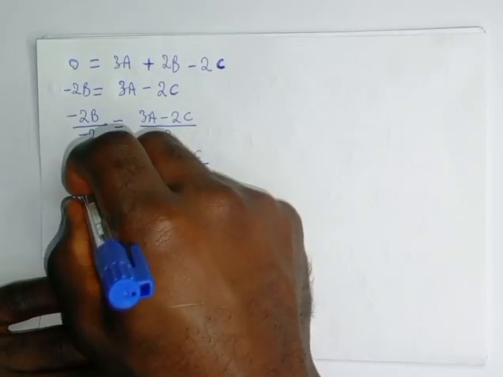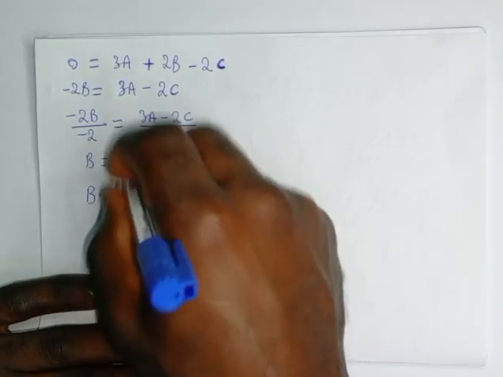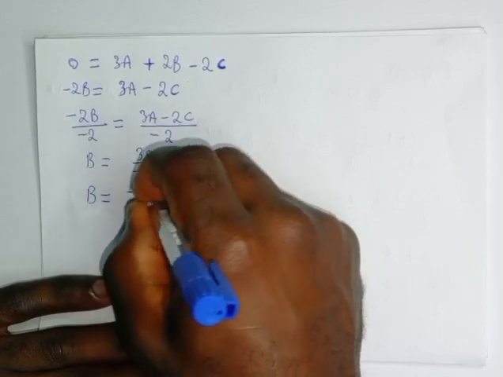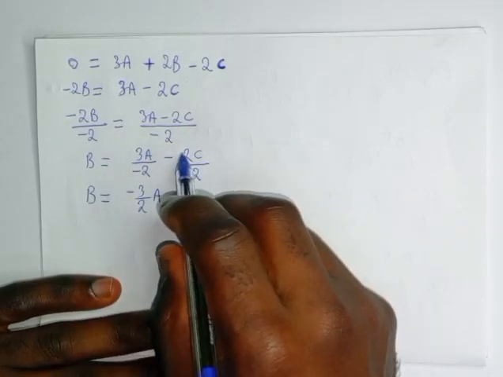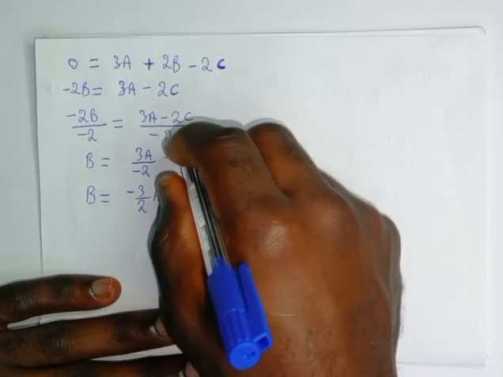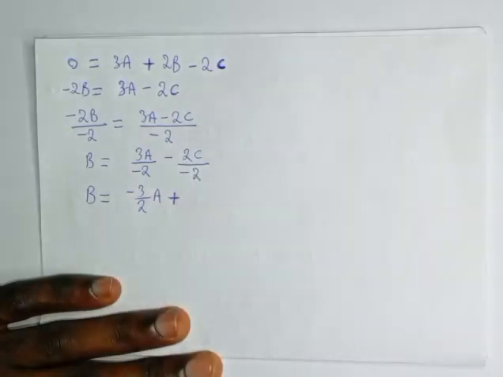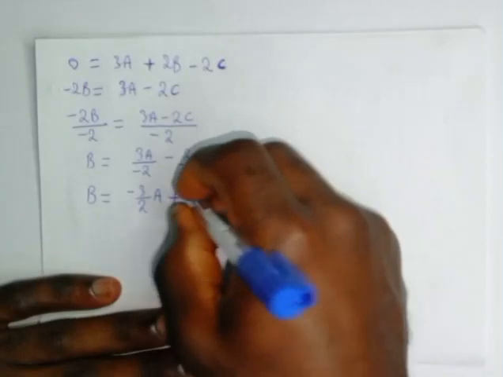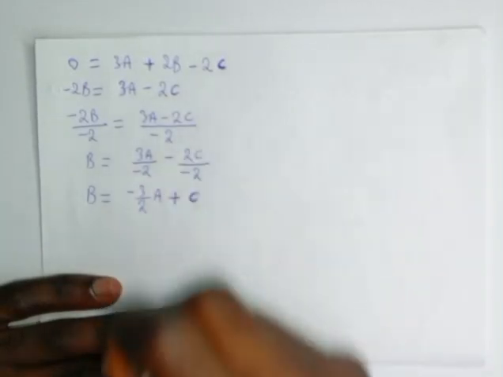This will give us b to be equal to, we can write this as negative 3 over 2 times a. Here we are dividing two negative numbers, which gives us a positive result, plus negative 2 divided by negative 2 gives us positive 1, plus c.